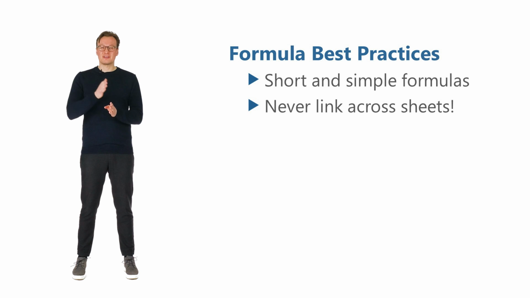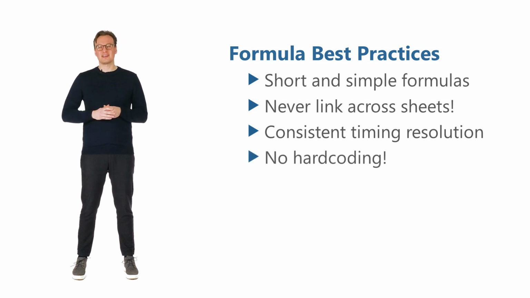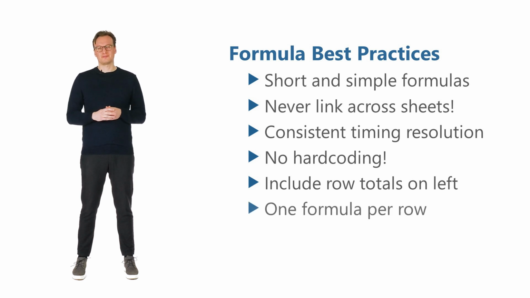Use the same timing resolution for all calculation sheets. Do not hardcode numbers in your formulas. Create reference cells instead. Include row total columns. And use easy to understand formulas. You'll find these guidelines will help you review formulas and identify errors quickly. Good luck.